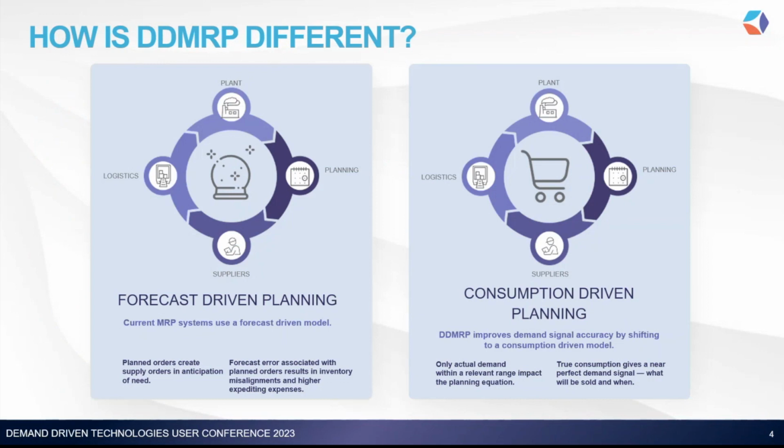So like Chad talked about quite a good bit earlier today, DDMRP is different from the traditional planning methodologies in that rather than planning specifically to a forecast, DDMRP is a consumption-driven model. The idea here is that we know forecasts are going to be wrong.